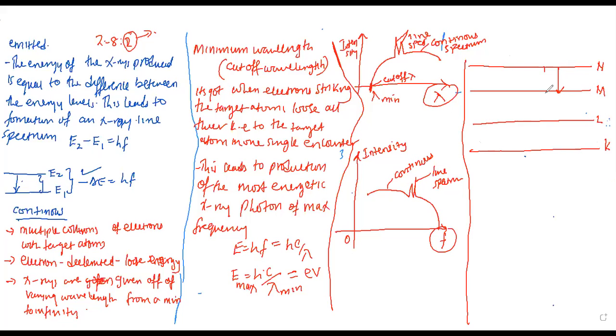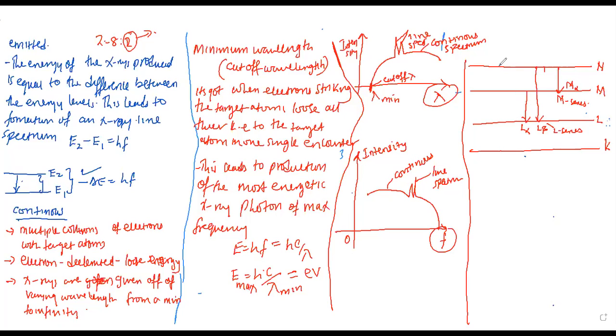Then we shall have what we call the M series, for example M alpha, the X-ray photon emitted. The transition is made from any higher energy level to L. Then, for example, this will be L alpha, L beta, and this will be the L series.